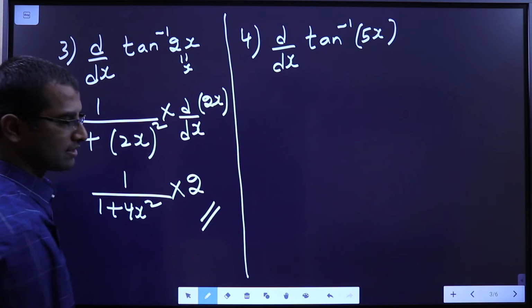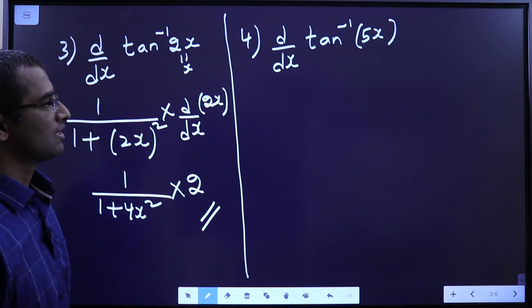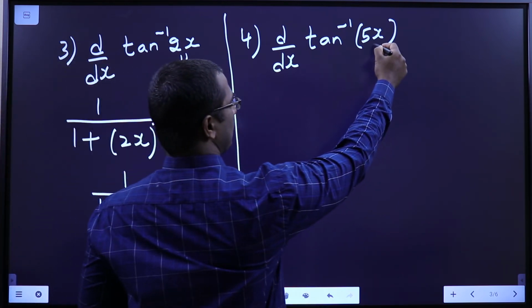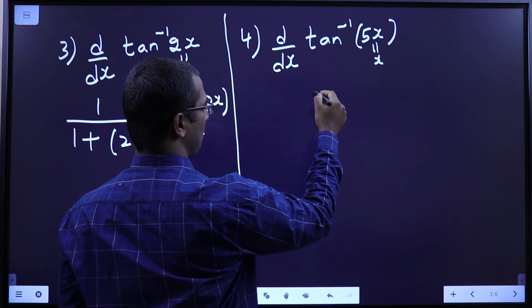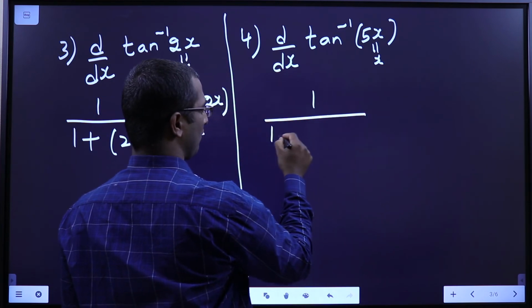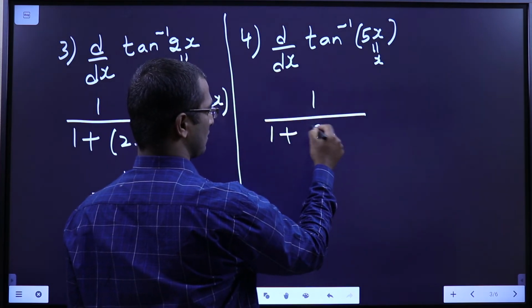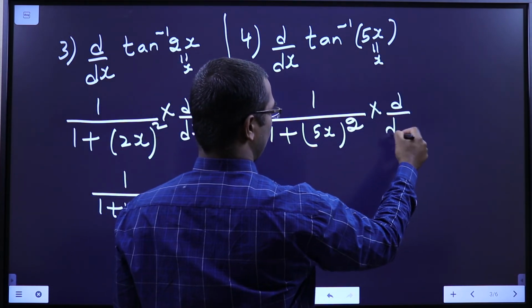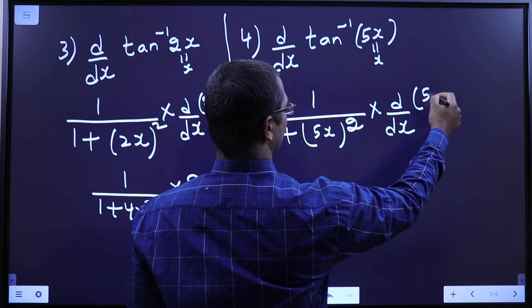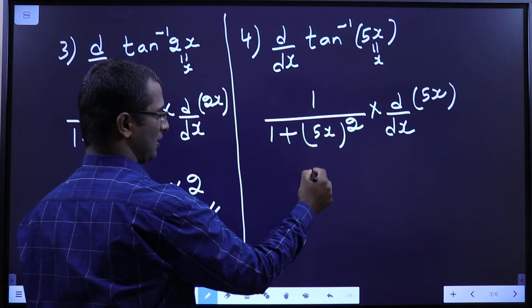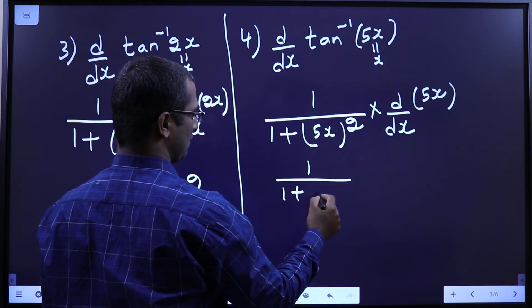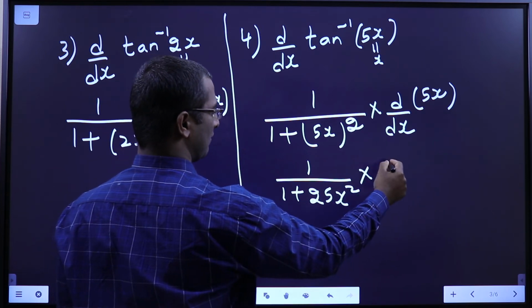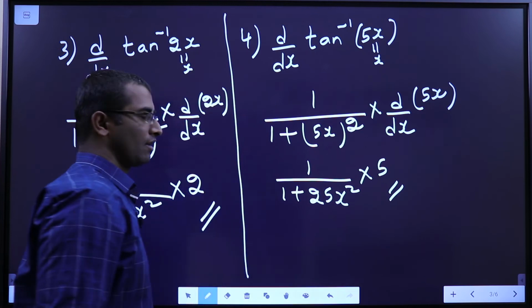So this is the answer. Okay. Same way, d by dx of tan inverse 5x. In place of x I have this, I apply the formula 1 by 1 plus 5x whole square into d by dx of 5x. So that is nothing but 1 by 1 plus 25x square into d by dx of 5x, which is 5. Okay.